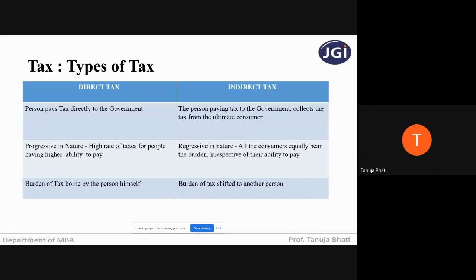Similarly, indirect tax is regressive in nature. When I say regressive in nature, it means that irrespective of the income earning capacity of an individual, the tax charged is the same.